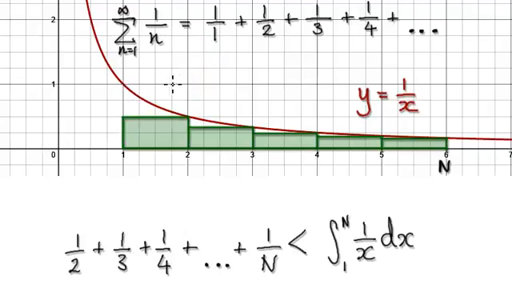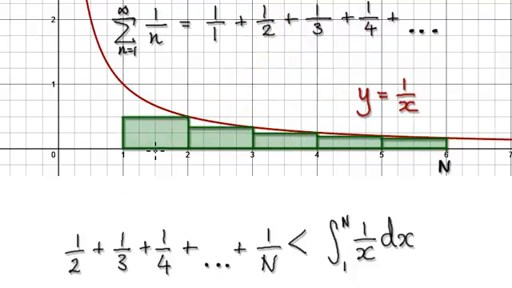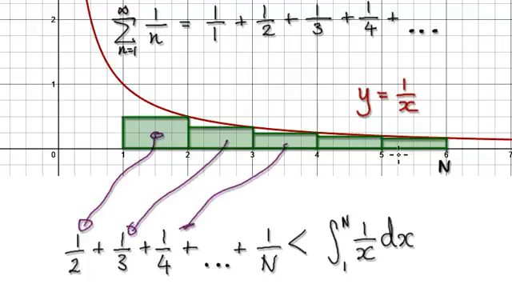But using Riemann's lower sum, it would actually represent the second term here. It starts here. This would represent this, and this would represent this. And then the last one would represent this.